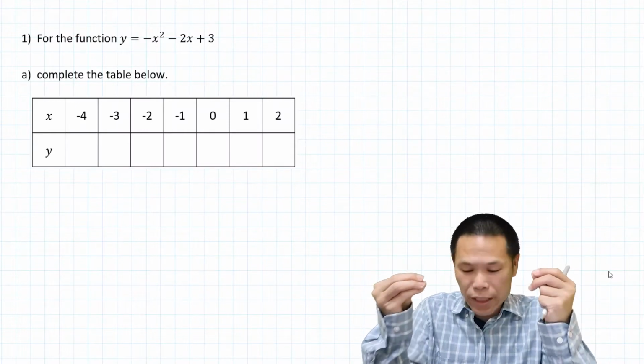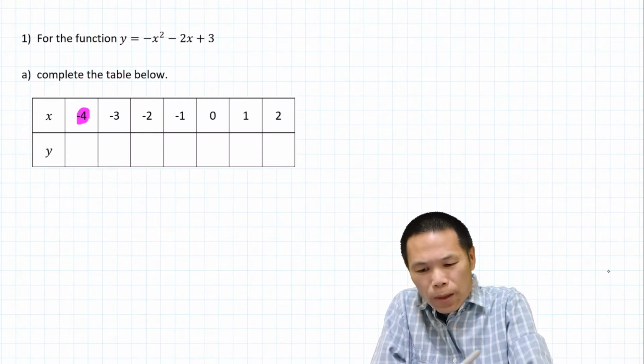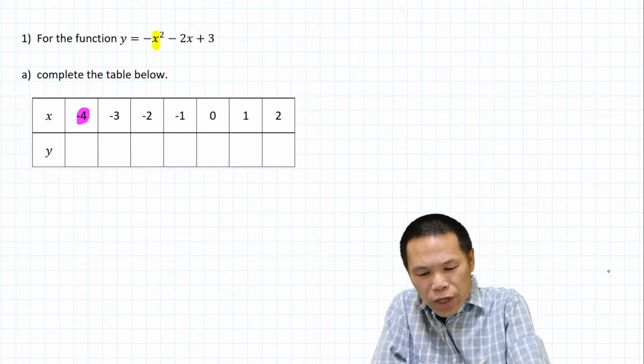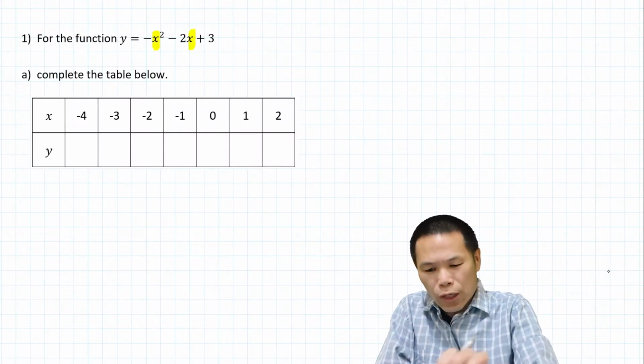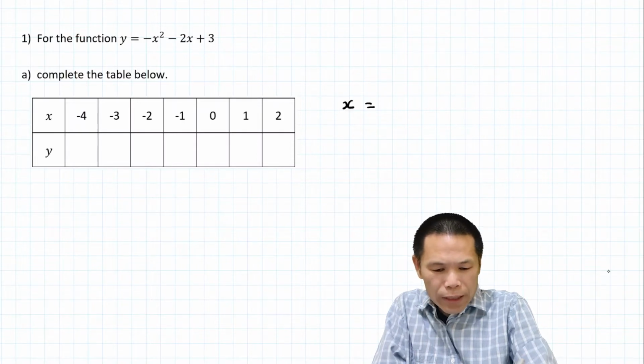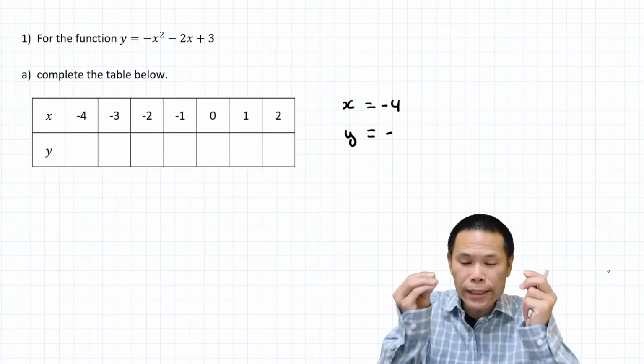To complete the table, when x is equal to negative 4, every time we see x, we need to replace it with negative 4. So let me just write this out first. When x is equal to negative 4, y is equal to negative x squared minus 2 lots of x plus 3. So we know that x is negative 4.